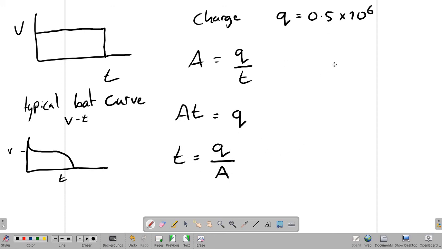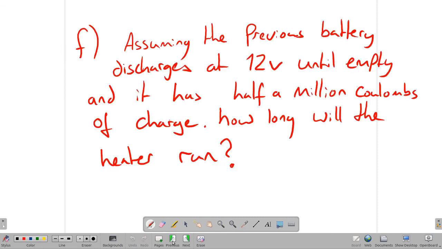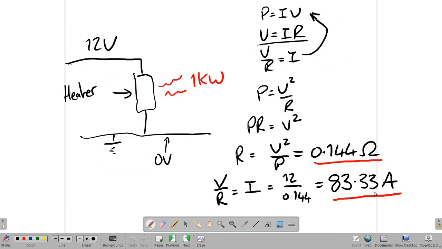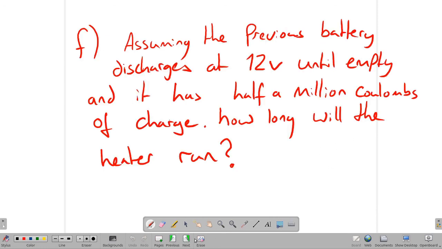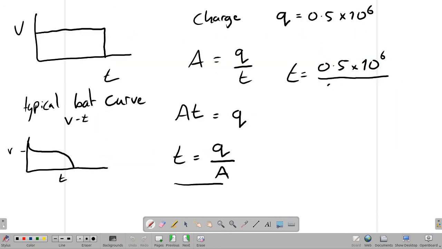Putting the numbers in, our time is going to equal 0.5 times 10 to the 6 divided by our current, which if we check back to the previous question was 83.33 amps. We'll just add that in, extra decimal place.